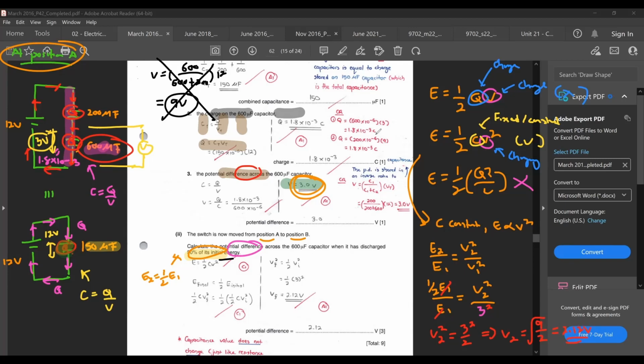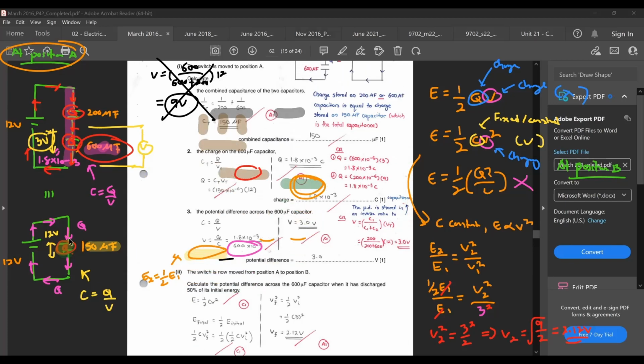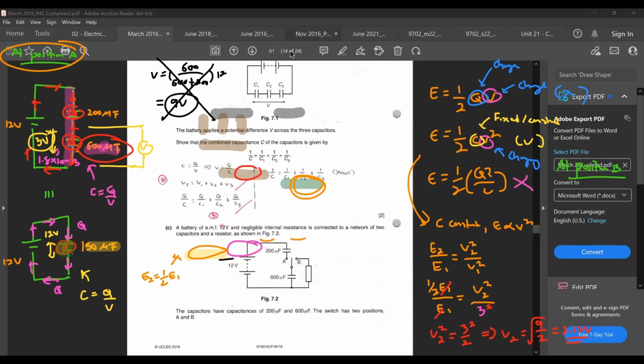Right, so at switch position B, I forgot to draw it out for you. At position B, your switch is at this current position, so your circuit now looks like this.